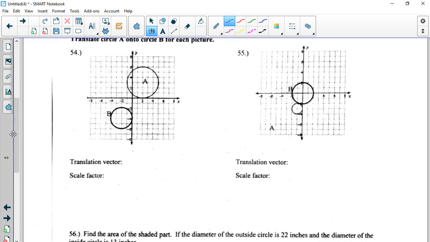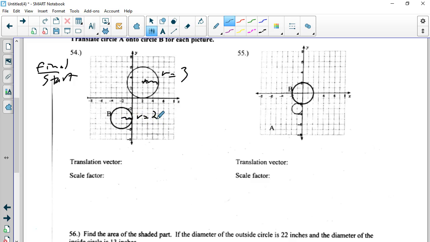All right, so remember the trick on this one. Okay? We're doing final over start. So pay attention to what we're doing. We're going from A to B. Think about it. A to B. A is getting smaller to become B. So my radius is 1, 2, 3. My radius here is 1, 2.